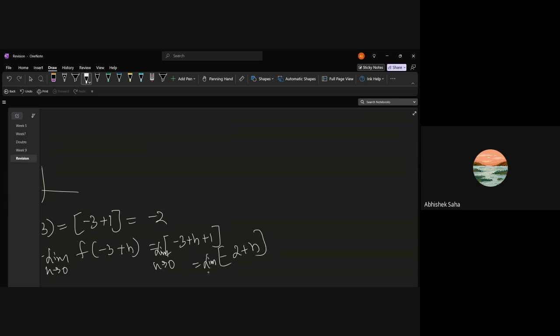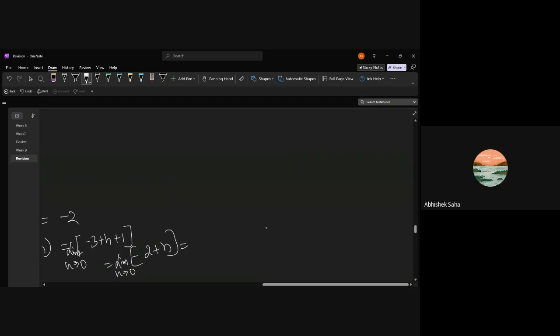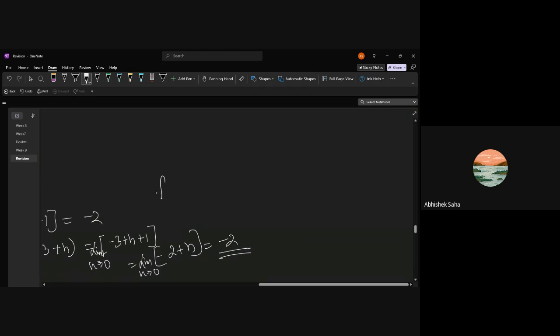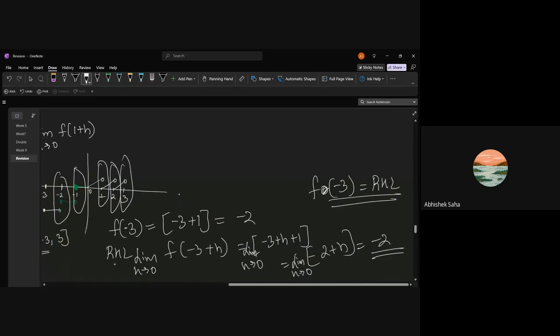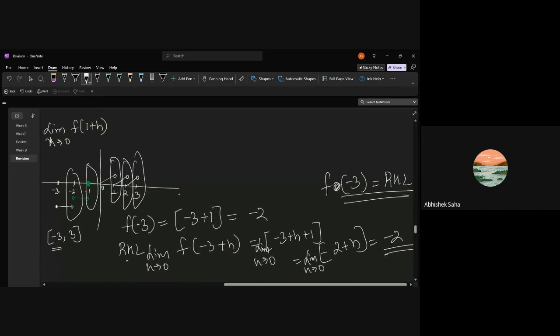What is the greatest integer? h tends to 0. If you take any small value, it will give -2 only. So see, -2. The function value at -3 is equal to the RHL. That means the function is continuous at -3. Okay, the function is continuous at -3.